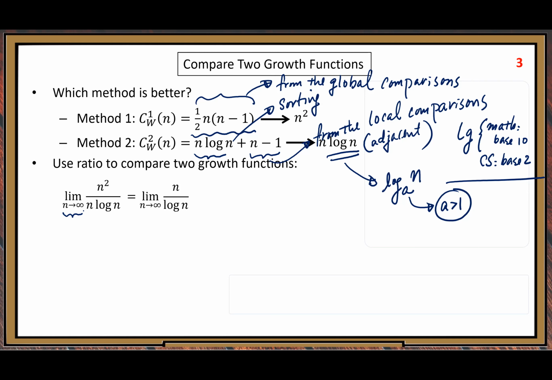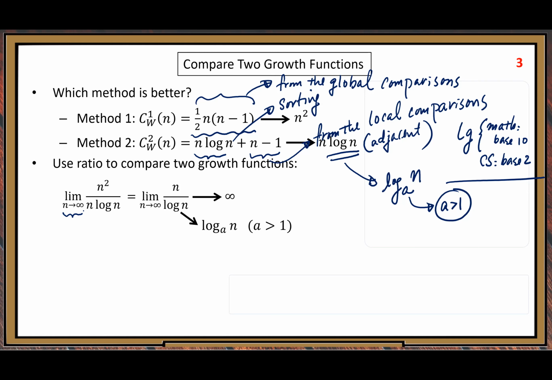Recall your calculus knowledge for finding limits. I already explained that we use log base a greater than 1. That limit is infinity.